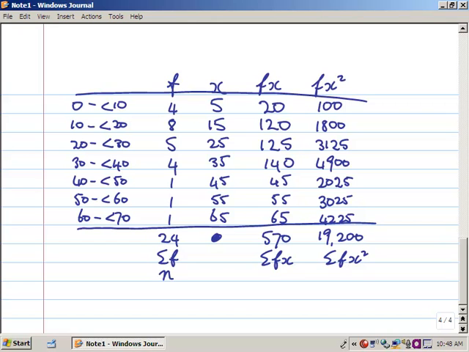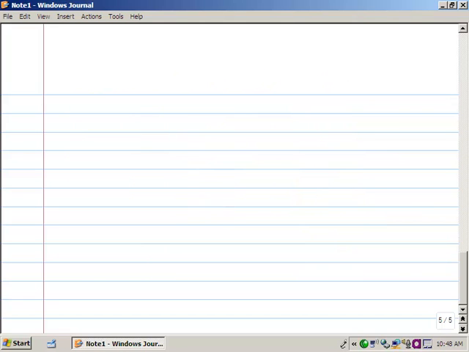Once we've got to this point, the calculations are identical to those for grouped integer. So I'm going to go to the next page and rewrite that information. Sigma f is 24, sigma fx is 570, and sigma fx squared is 19,200.